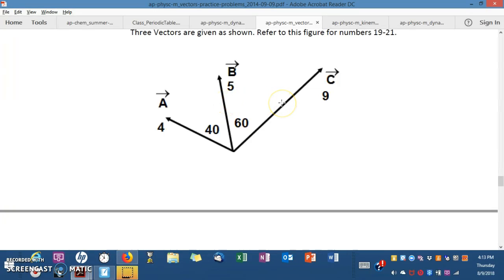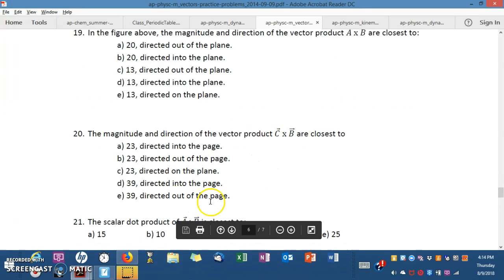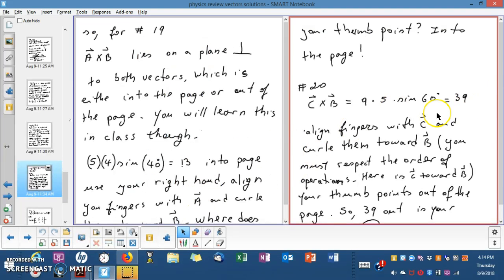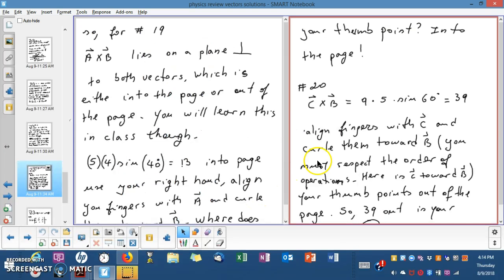In this case, you point with the thumb up along C, and you can curl toward B. So thumb up is fine, so it's out of the page. Out of the page is the right answer, and the number is 39. So 39 out of the page would be your answer.